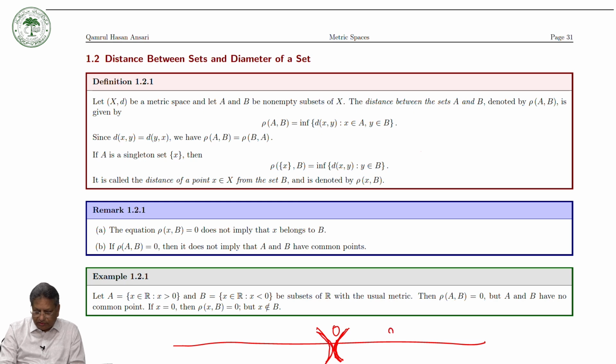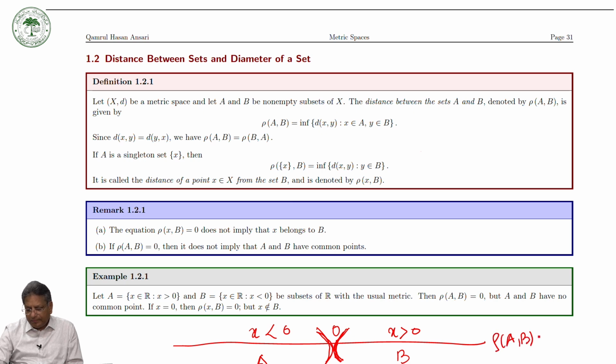Here x is strictly greater than 0, and here x is strictly less than 0. So this set is A suppose and this set is B. Then what would be the distance between A and B? If you take the infimum, then you can find rho(A,B) must be equal to 0. But A and B do not have any common point.